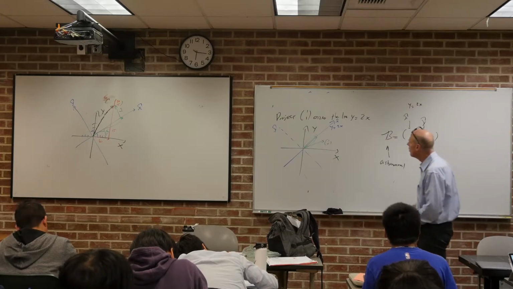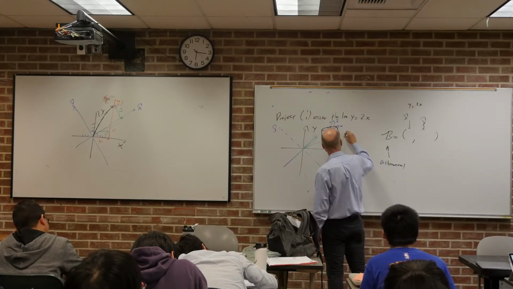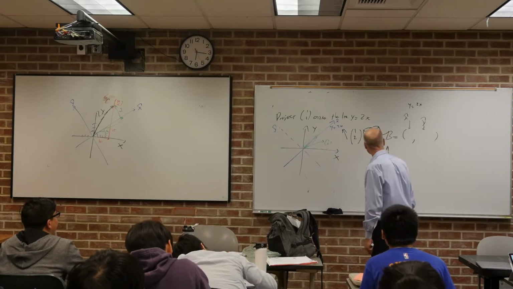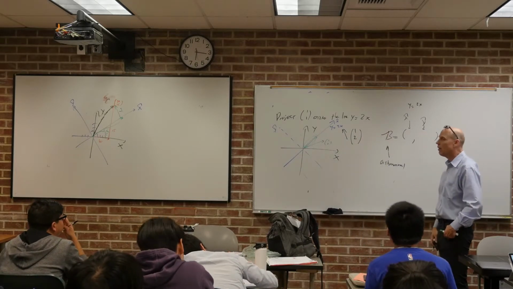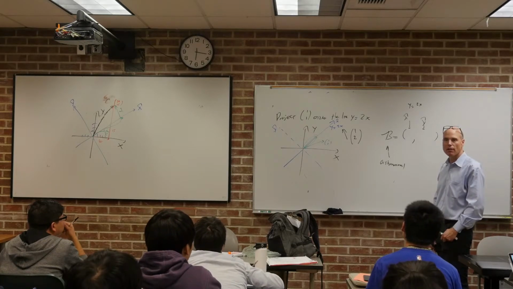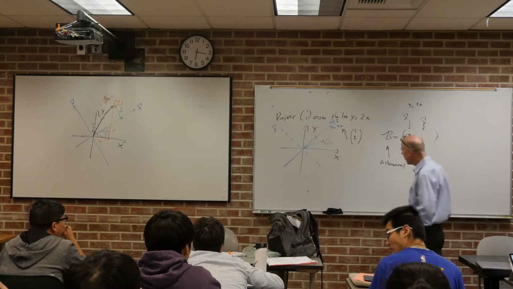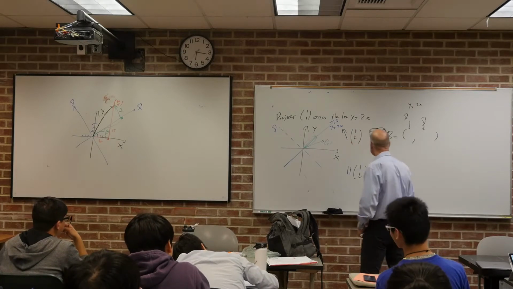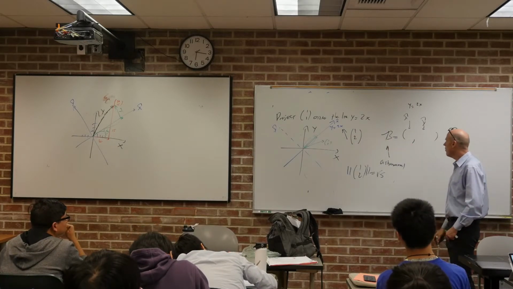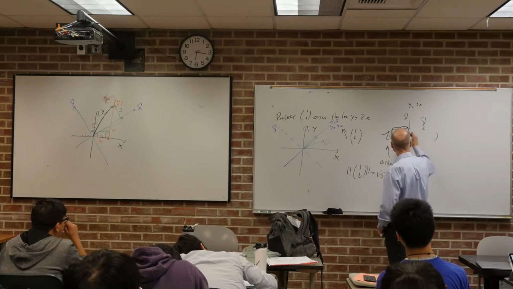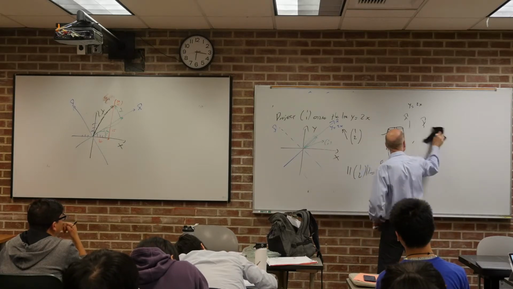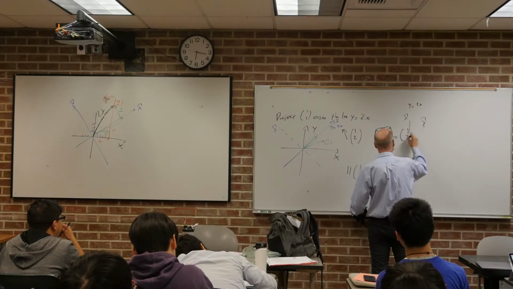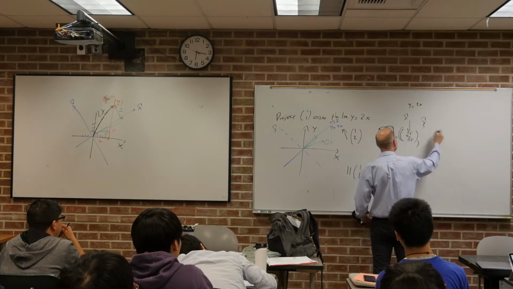So first of all, can you give me some vector on the y equals 2x line? 1, 2. How long is that? Square root of 5. Yes, so that's too big. So how do I shrink it down so it has length 1? It's 1 over square root of 5, 2 over square root of 5.